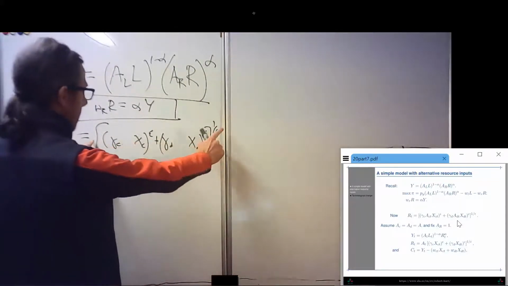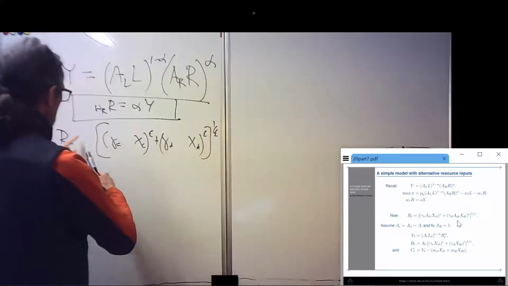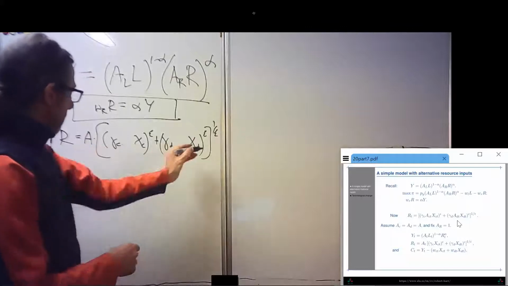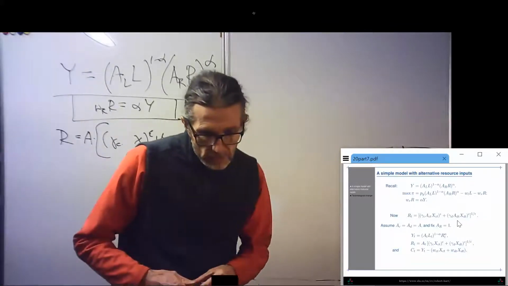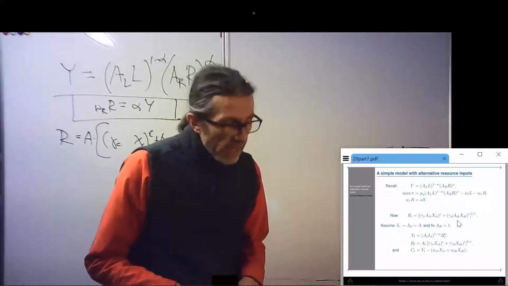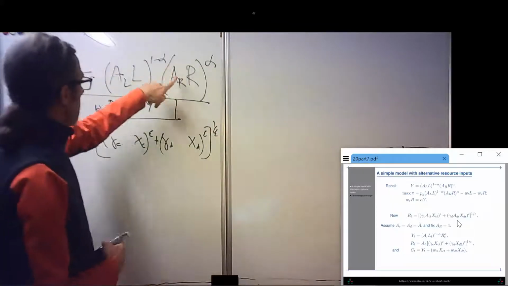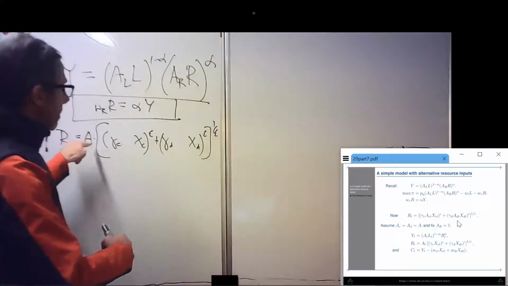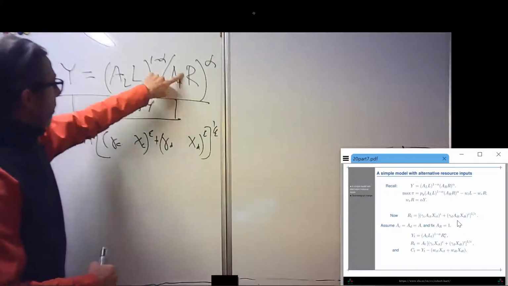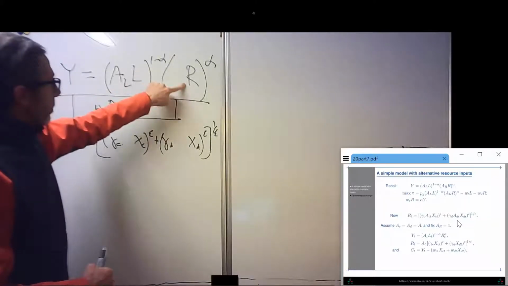We take it outside, 1 over epsilon. It's just A times that. That's because this is a simple model. And this is our technology level for R. We wipe this one, we set that equal to 1 as well.